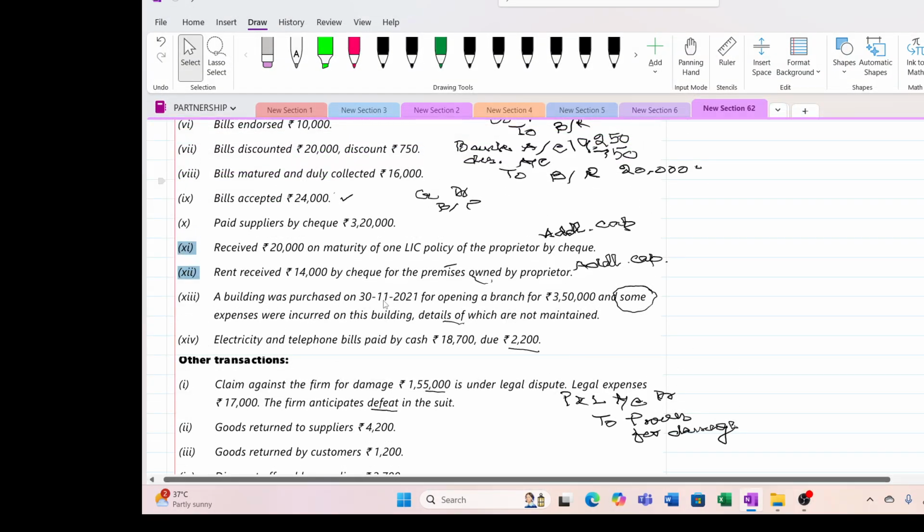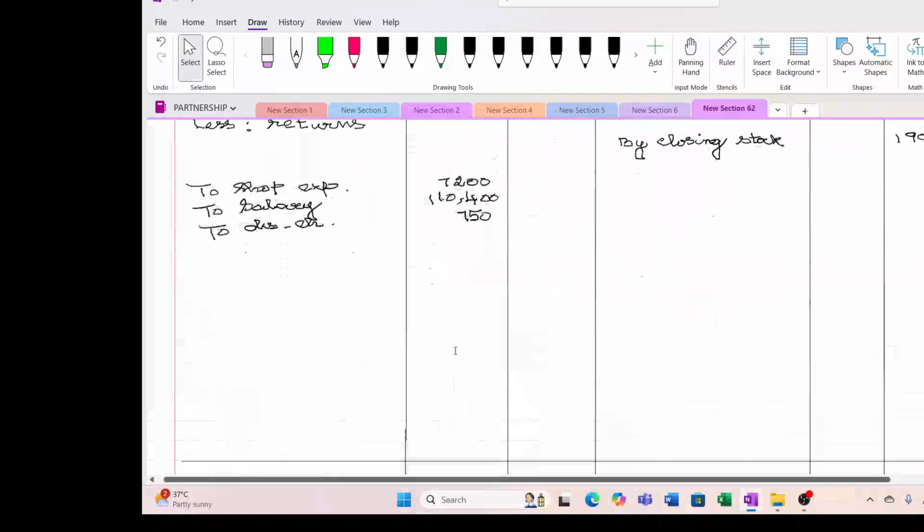A building was purchased for opening a branch of 3,50,000 and some expenses. So we will be waiting for this entry until the last, because there are some expenses, plus we have to make the payment in the bank. Next thing is electricity and telephone by cash 18,700.